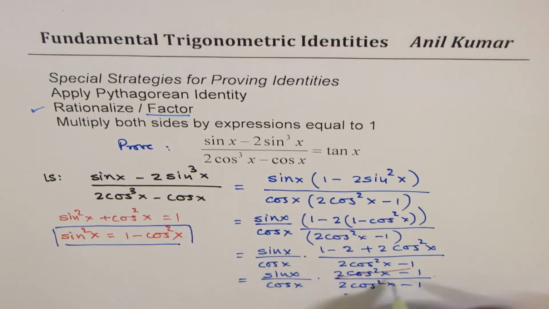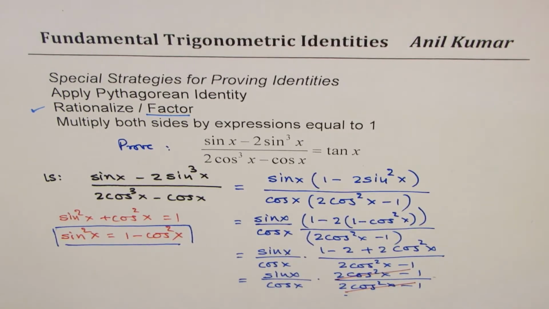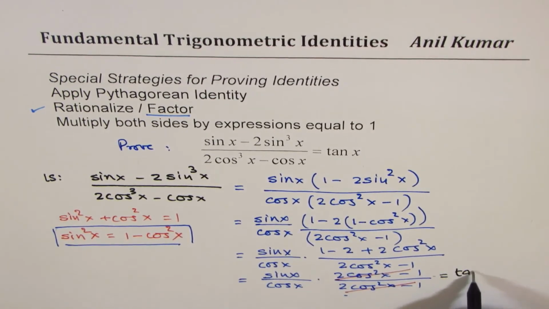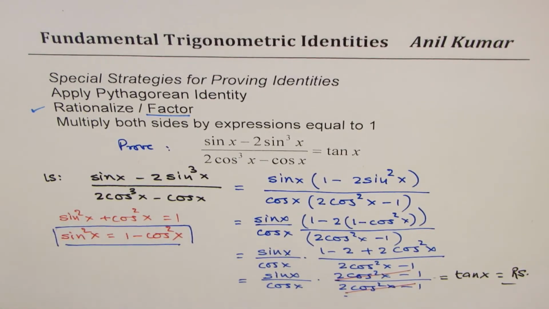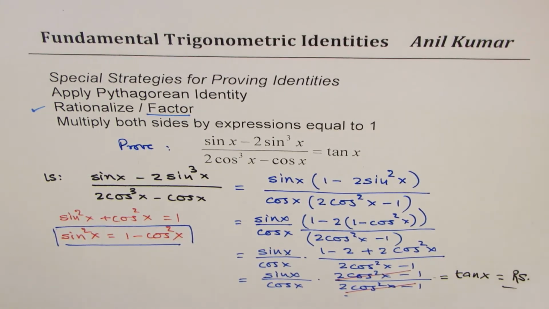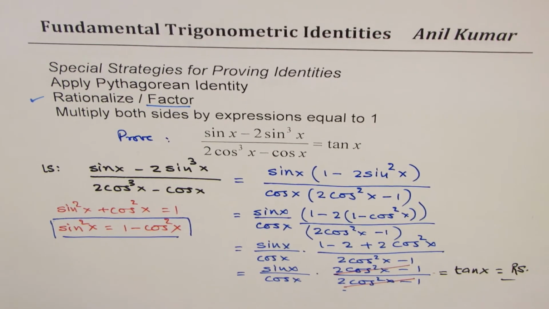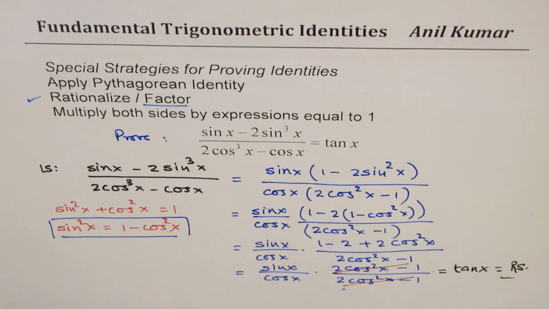Now they will cancel out, leaving sine x over cos x, which is tan x, which equals the right side. So that is how we can prove left side equals right side, correct? So in this particular case, we use the strategy to factor and also Pythagorean identity to prove our trigonometric identity.